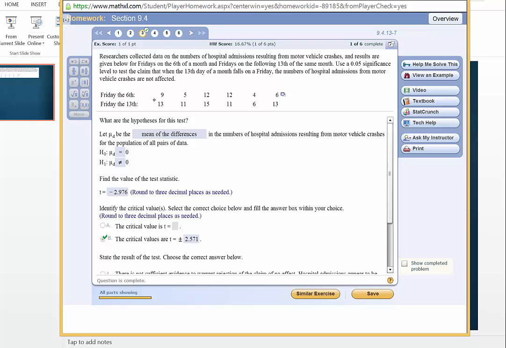So, more crashes on the 13th or fewer crashes on the 13th would indicate an effect. So we have a two-tailed test, whether the mean of those differences is significantly positive or significantly negative. That would indicate a difference. So let's look at what this looks like.